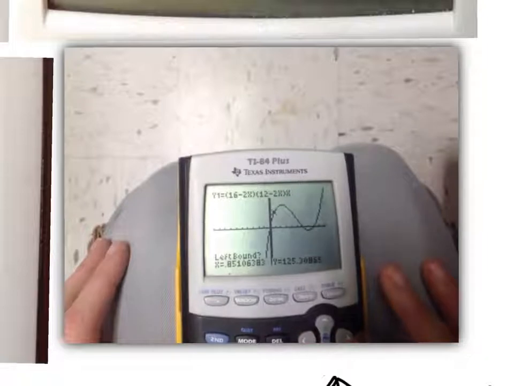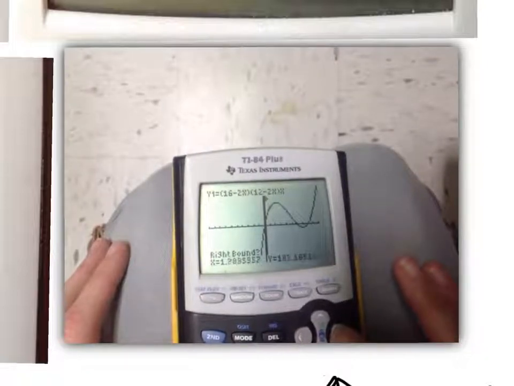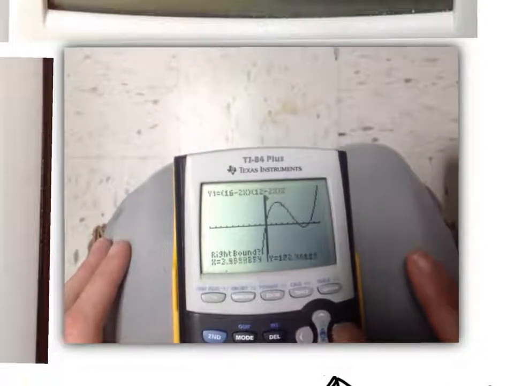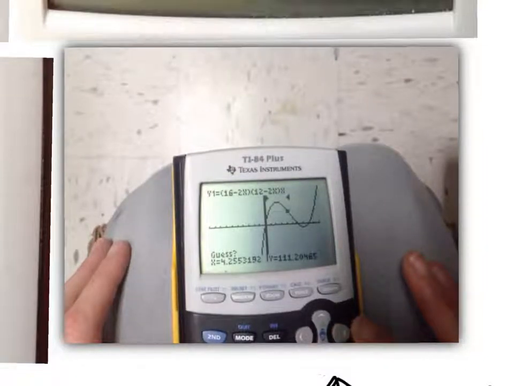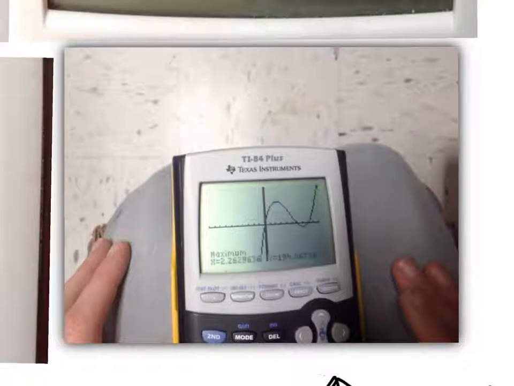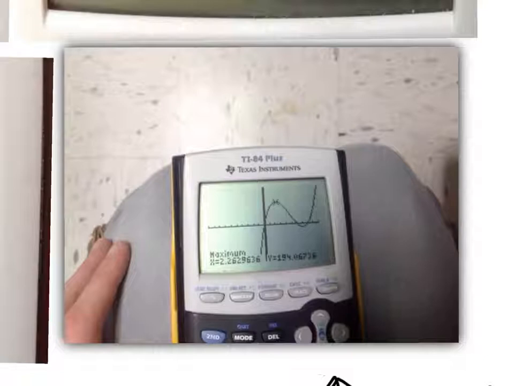So your left bound is over there, and your right bound is past the maximum. See the arrows blocking in that section? Press enter through the guess, and that gives you your maximum point.